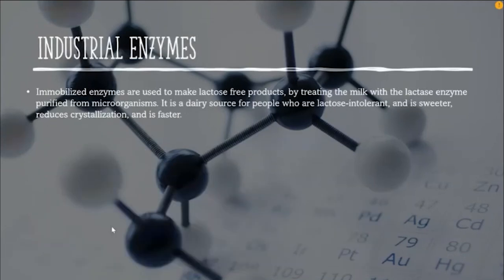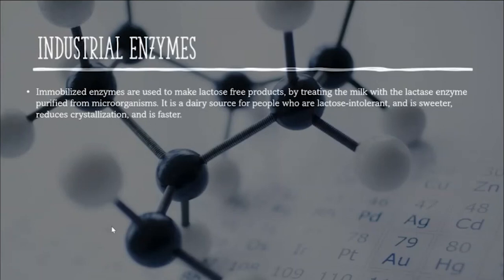And then we're going to have industrial enzymes. Immobilized enzymes are similar to membrane-bound enzymes in that they minimize random movement and they're more efficient. Also, the separation of product is more easily achieved if the enzymes are static.